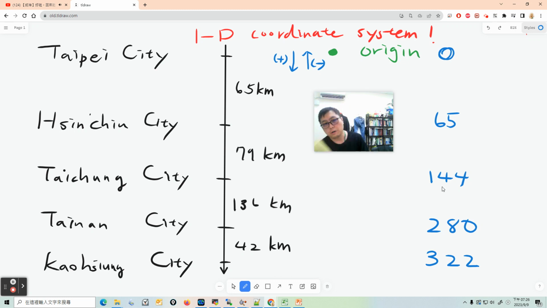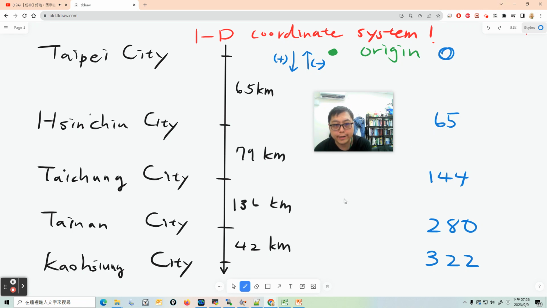Now I make a little change. If I set the origin on another city and make another definition of positive and negative direction, what will the position be?